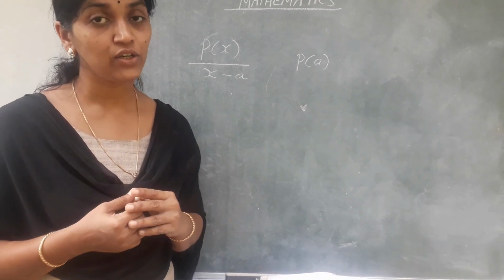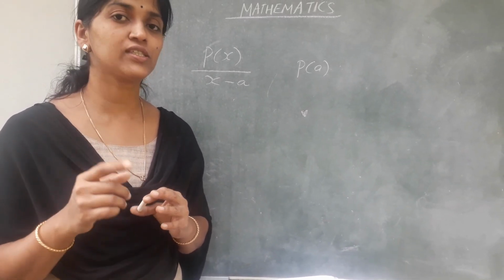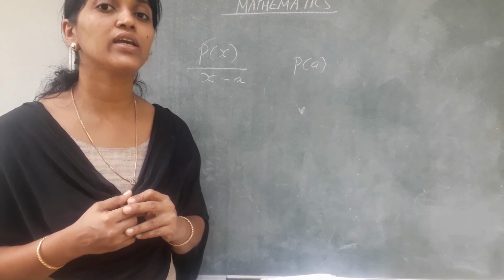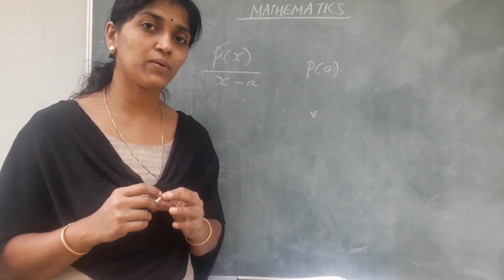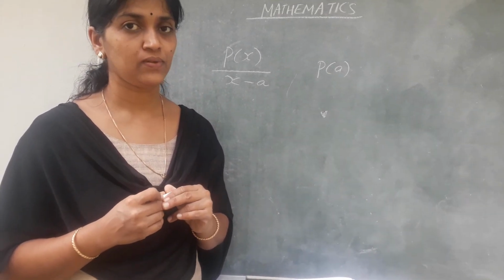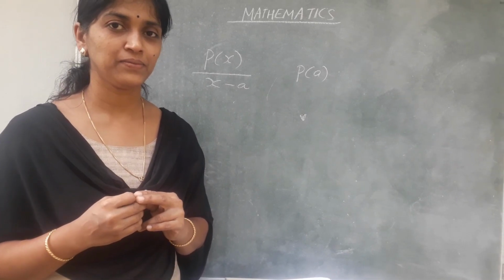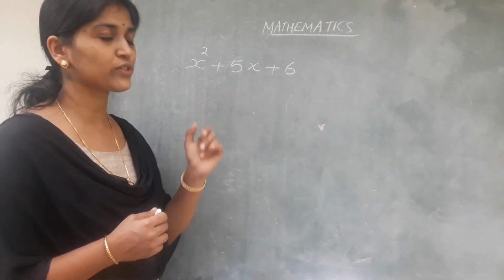Then we studied factorization of the polynomial, and first we studied quadratic polynomials. You know, a quadratic polynomial is factorized by splitting the middle term. This is a quadratic polynomial, x square plus 5x plus 6. How do we factorize this polynomial?